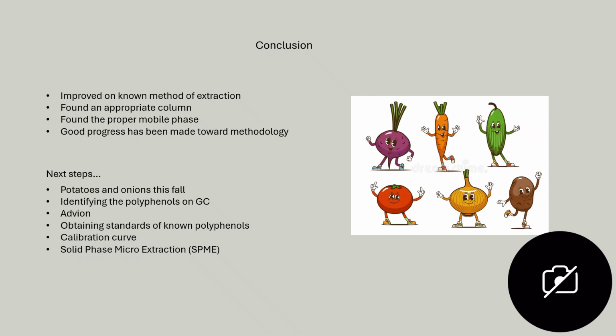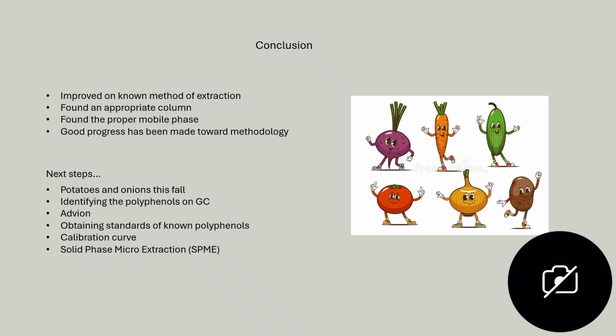Maybe the Advion will be working, which is another mass spec machine, but it's a little different. So I can just kind of dip my rod in there and then put it straight into the machine, and it'll give me a fragmentation result. So hopefully that can work.